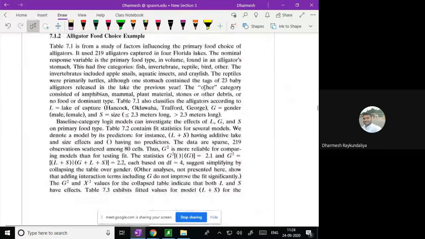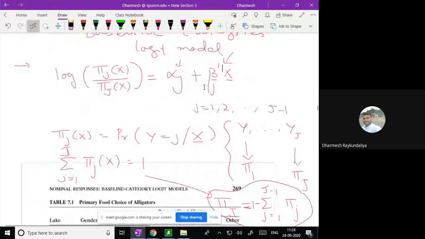Okay, so next, what is our aim? Our aim is to find out the estimate of these parameters. How do we obtain the estimates of these parameters? As I told you, in a likelihood equation you have to allow the alpha j and beta j into the likelihood equation.